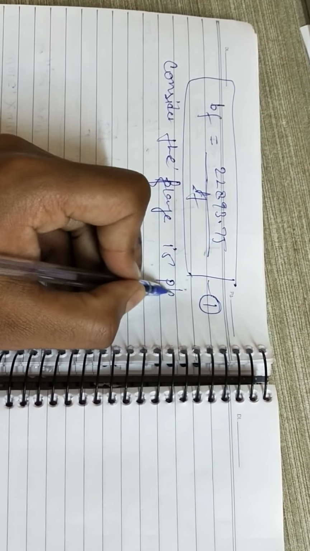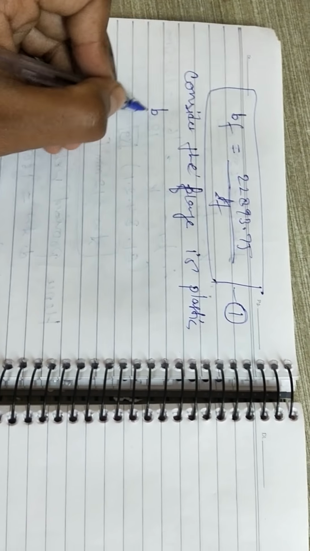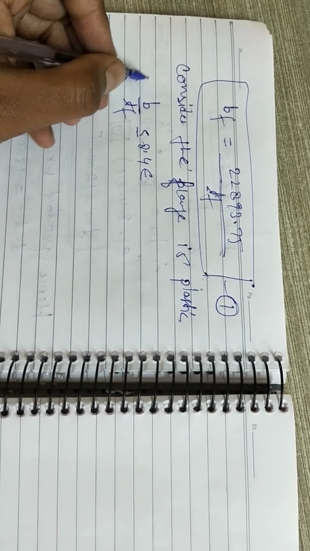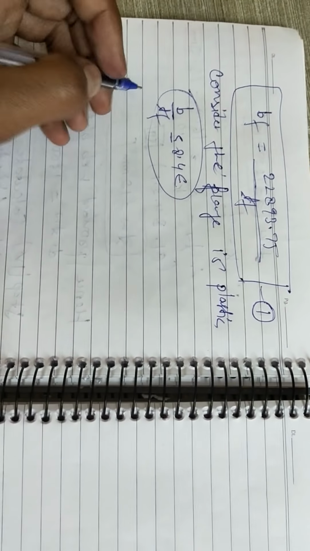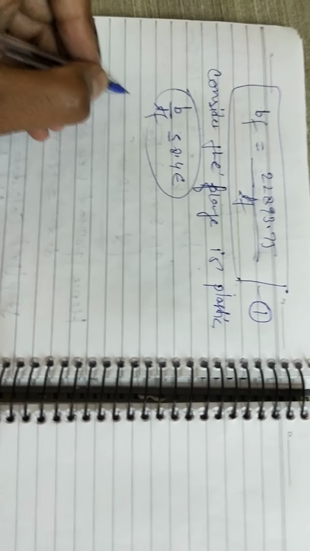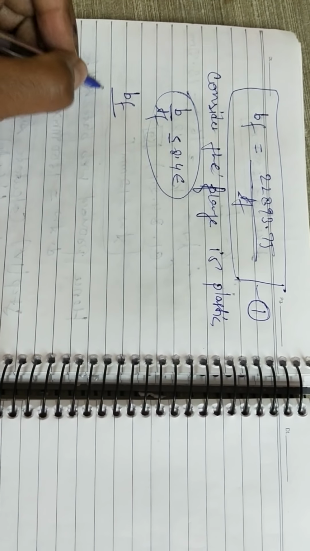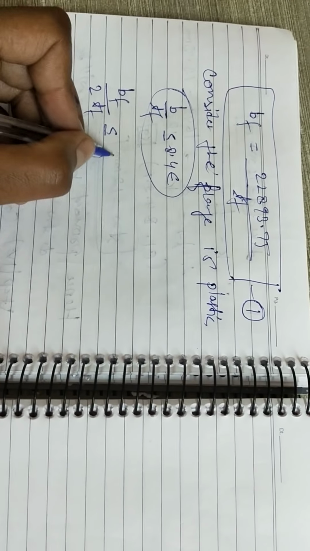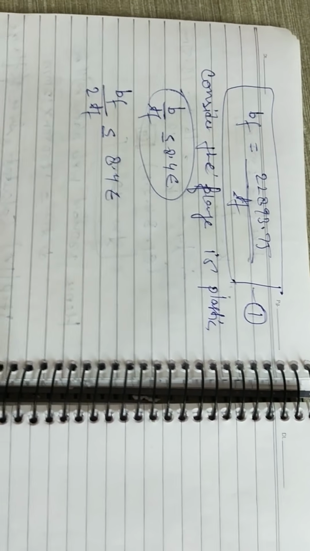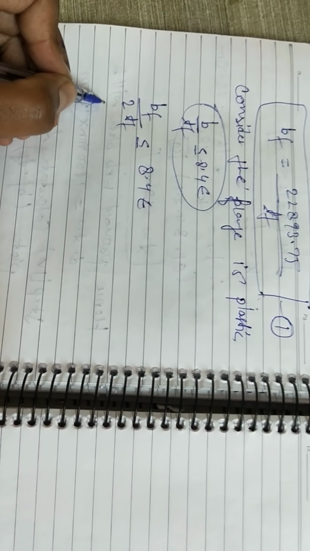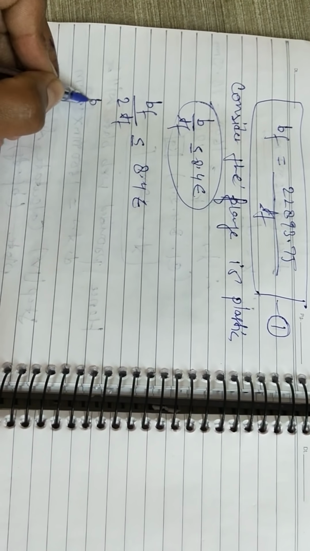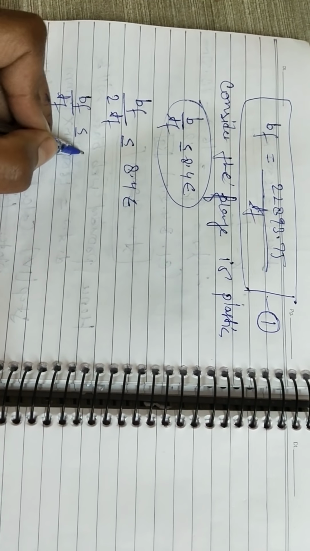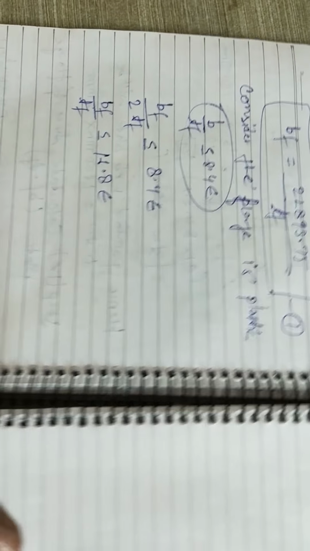Flange is plastic. Then we know that b upon tf, which I have already discussed in the previous video. What is b? b is bf divided by 2 into tf, should be less than or equal to 8.4 epsilon. Then bf upon 2 tf, after replacing 2 here, it will be 16.8 epsilon.